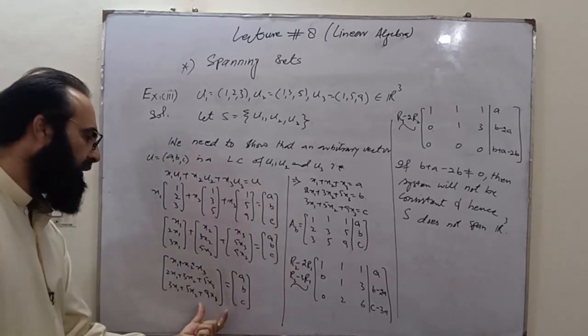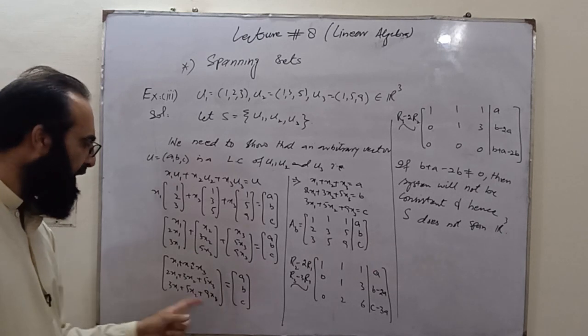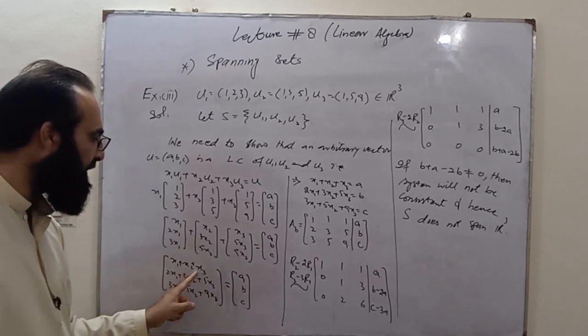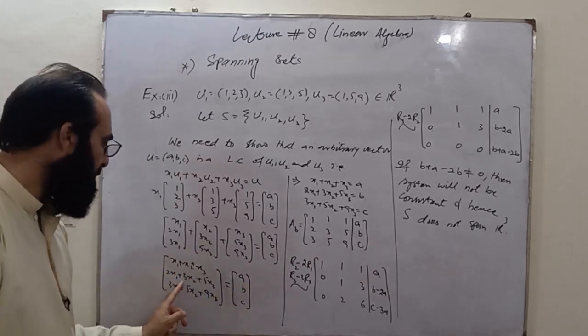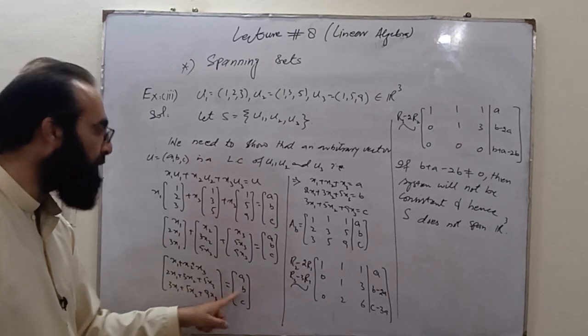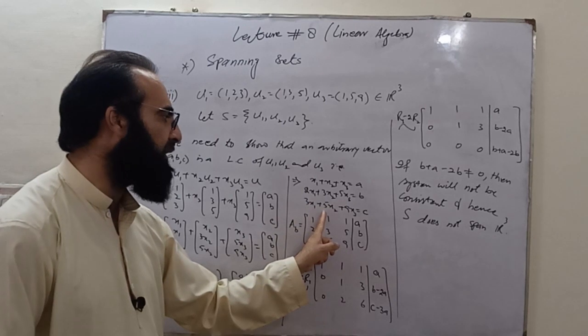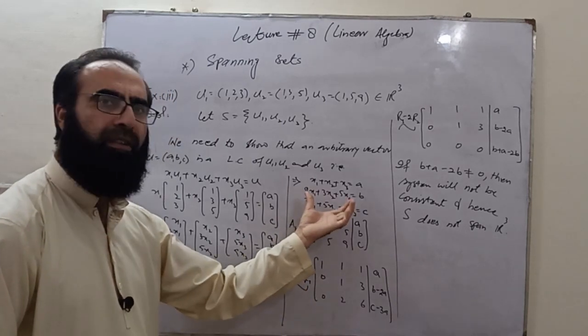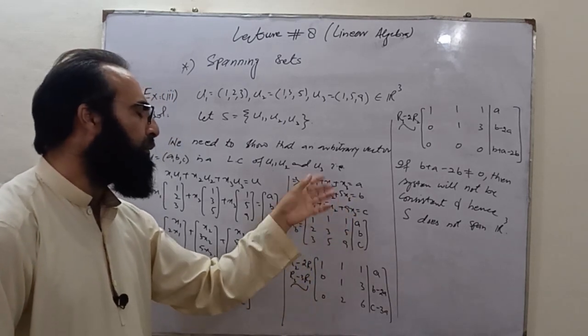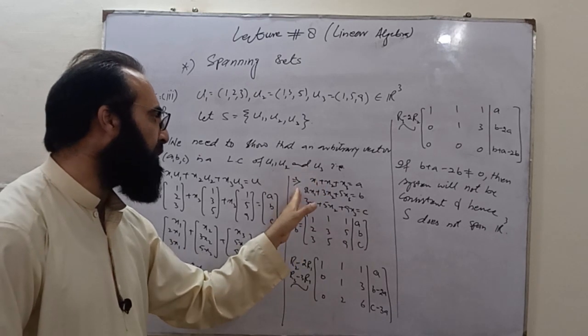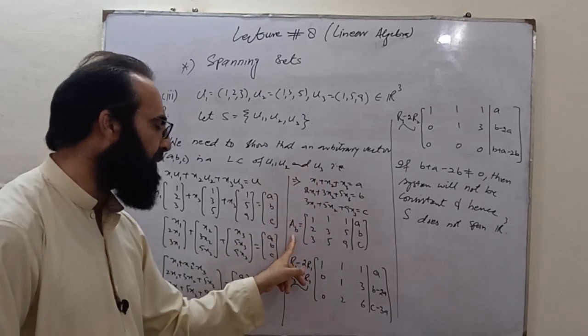From this matrix system we can obtain x1 plus x2 plus x3 is equal to a, 2x1 plus 3x2 plus 5x3 is equal to b, and similarly from the third row we will get the third equation. Now we have to solve this system. So first of all, we will write this system in its augmented matrix form.